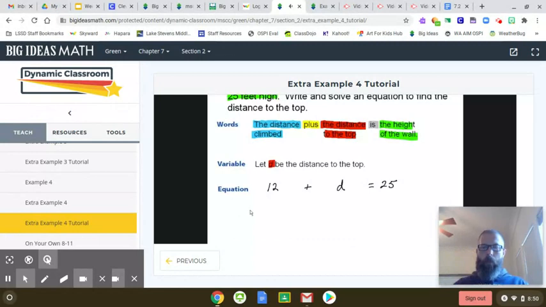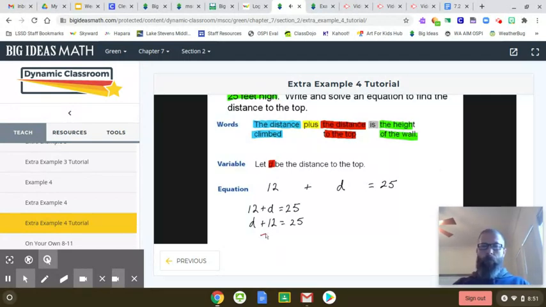Next, we need to solve the equation. 12 plus D equals 25. First, let's use the commutative property to rewrite the equation. D plus 12 equals 25. To solve the equation, we need to get D by itself. To do this, we will use the inverse operation of addition, which is subtraction.